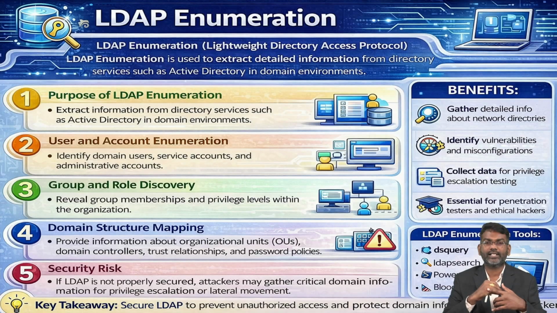Once I go through these multiple levels of architecture, we have to check that every individual's domain controller is properly maintained, the trust relation between each individual involved, and what different types of password policies have to be followed. All these things we get from the domain structure mapping process.